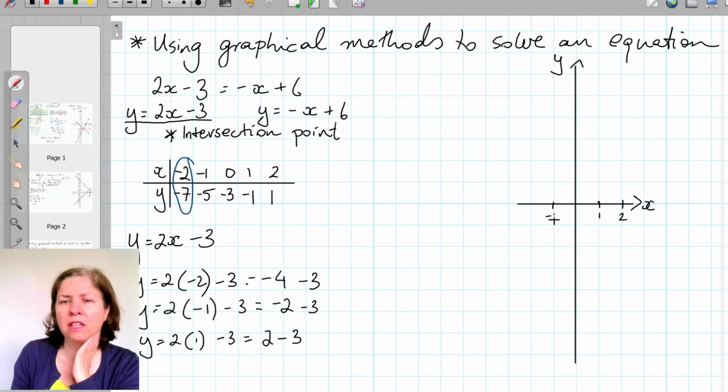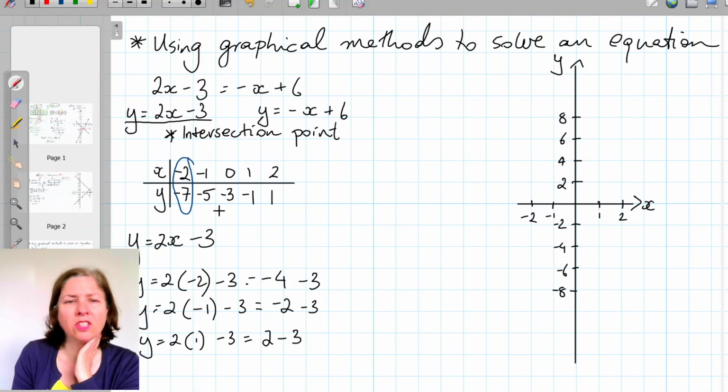That's going to be negative 1 and negative 2. And then as I go up, I might go in 2s to make sure I don't run out of room. So 2, 4, 6, 8, and negative 2, negative 4, negative 6, negative 8, and I'll see if I need to go further when I get there.